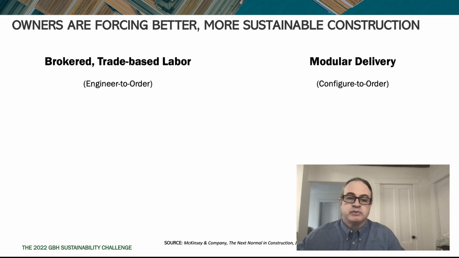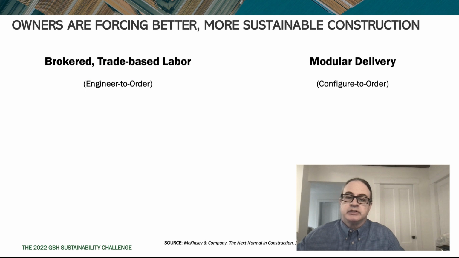And that system is what we call engineer to order. It's designed for that project and executed for that project. And to the extent that it is used on any other project, it's because somebody has taken a design that was engineered for one site and then readapted it to another site.